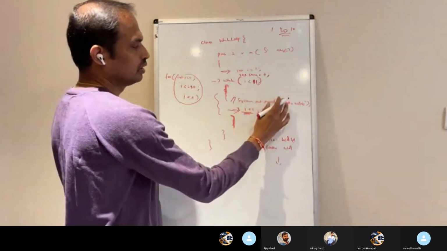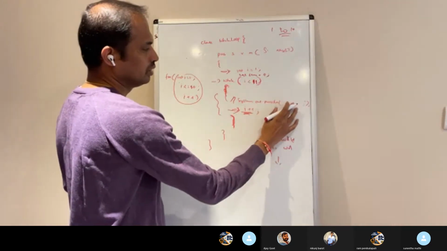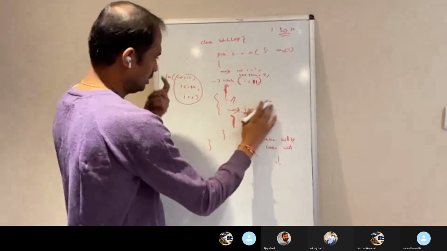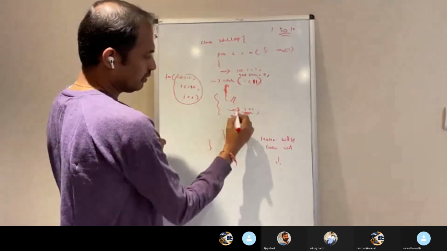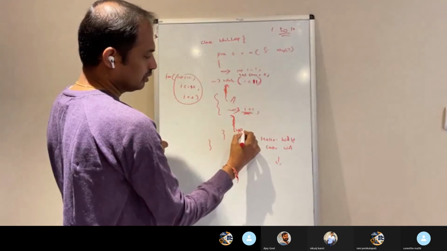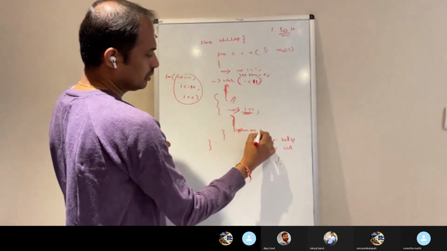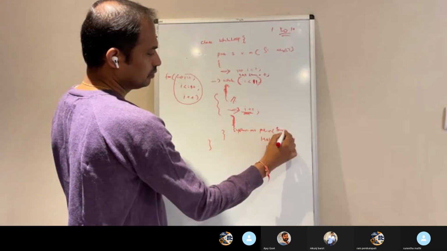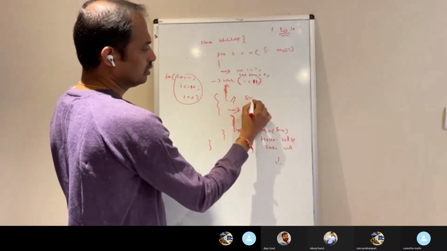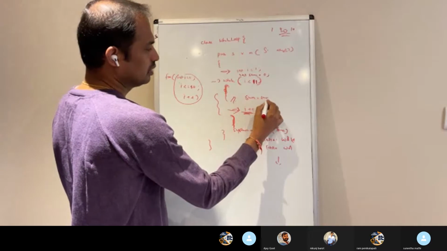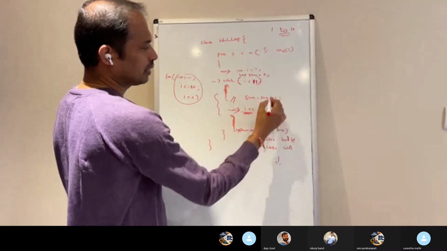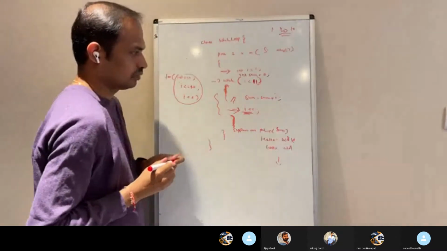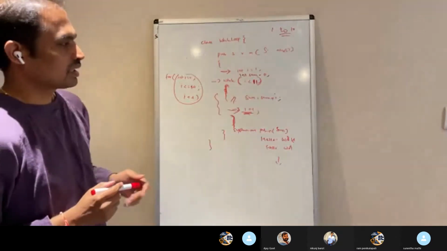What happens? We need to print sum outside the loop, right? Here, after the for loop, we are going to print System.out.println sum. Here sum is equal to sum plus i.